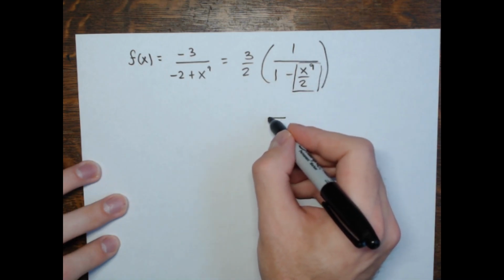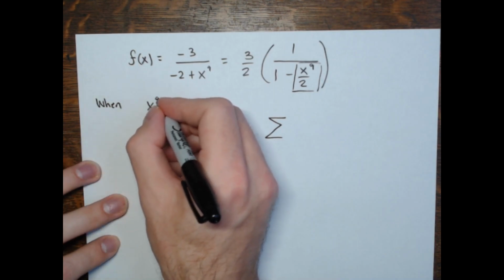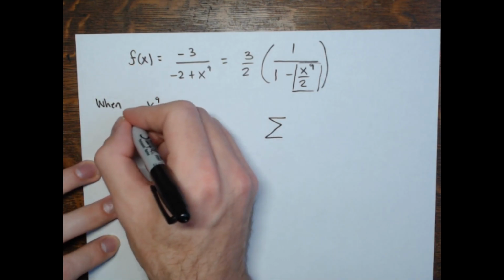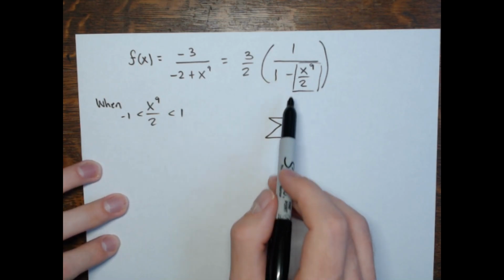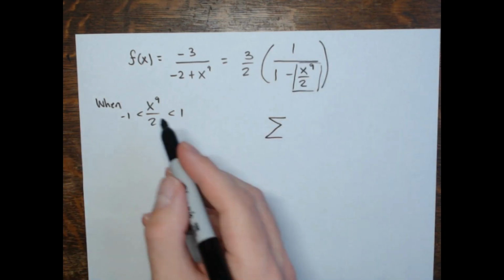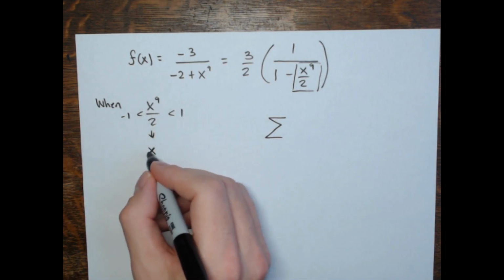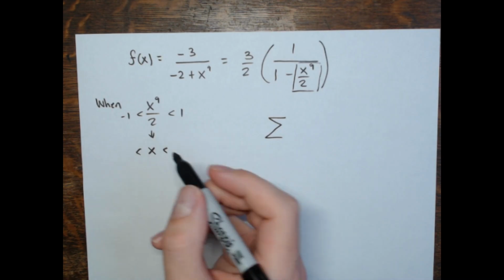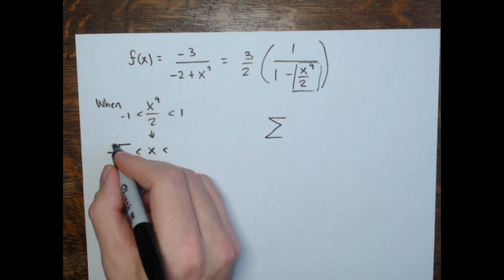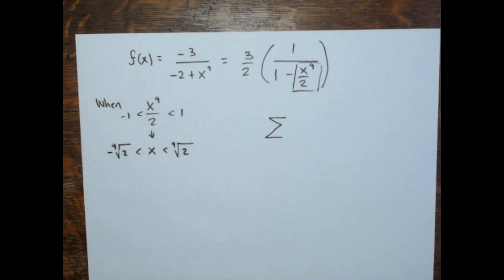So I could express that as a sum, when x to the 9th over 2 is between negative 1 and 1, we can write a series that'll converge to this function. Now, if x to the 9th over 2 is between negative 1 and 1, that would imply that x is between negative 9th root of 2 and positive 9th root of 2.